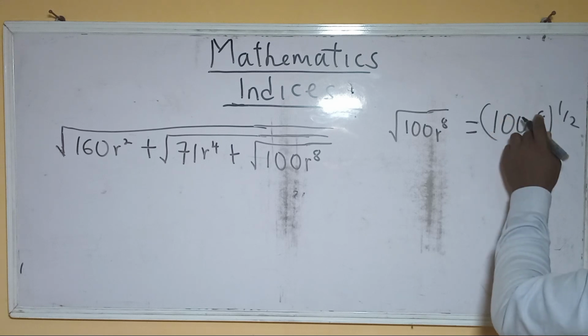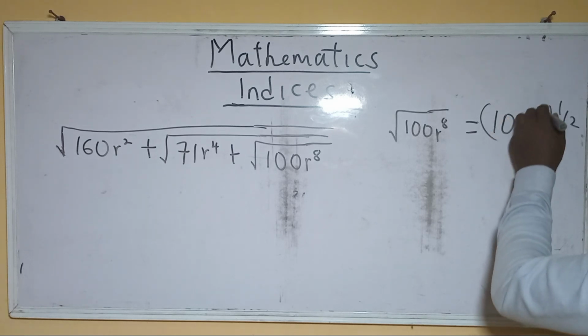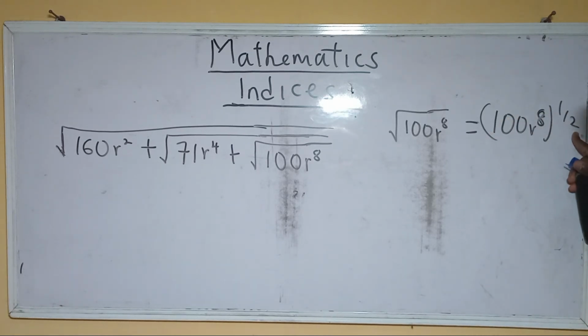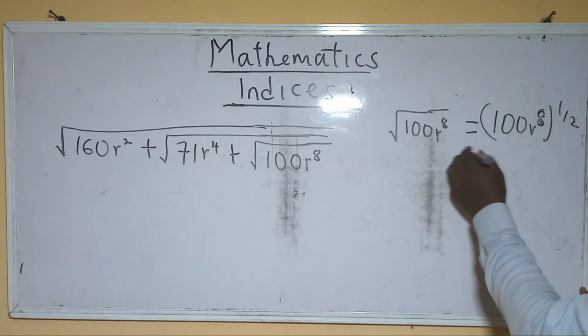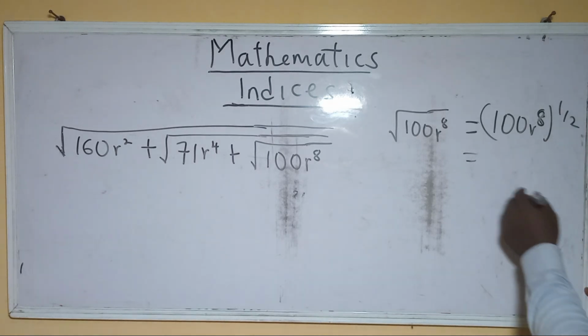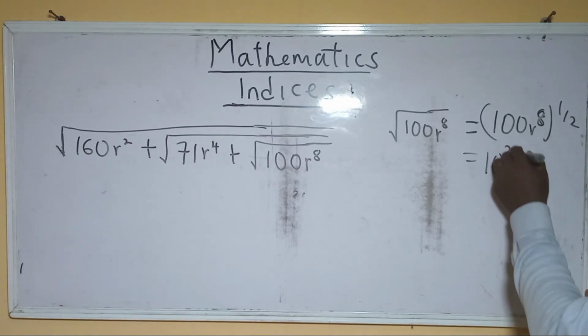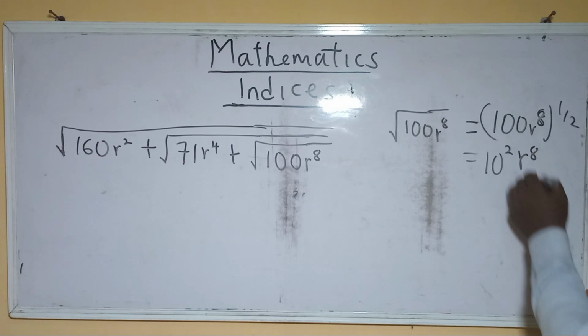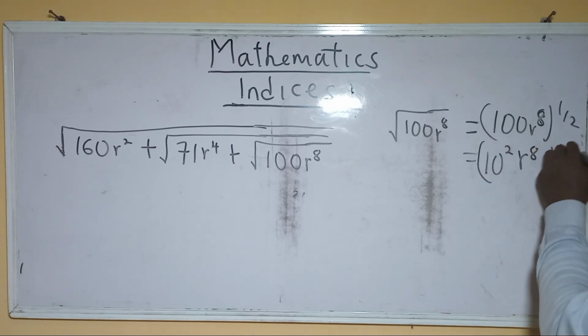So for you to get this, you have to break this one down too. So this one will give me (10 raised to power 2 r^8) raised to 1 over 2.